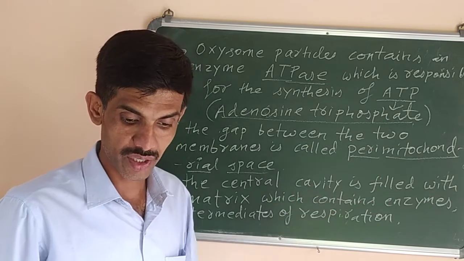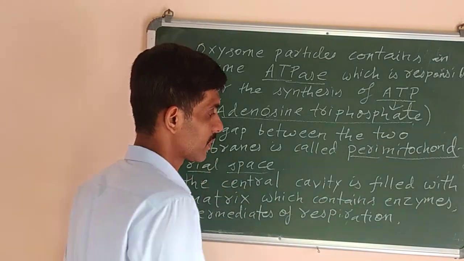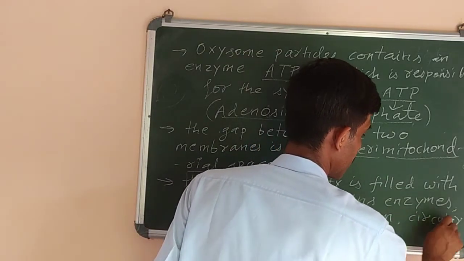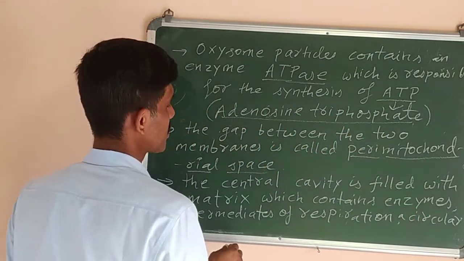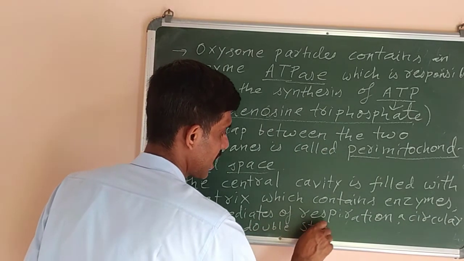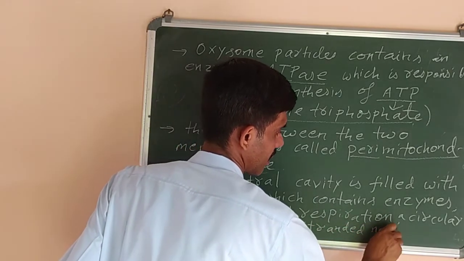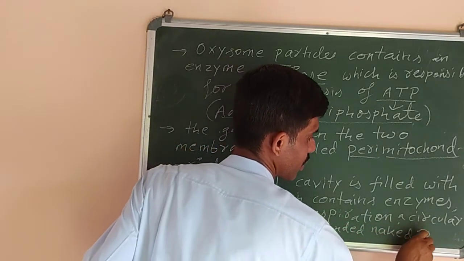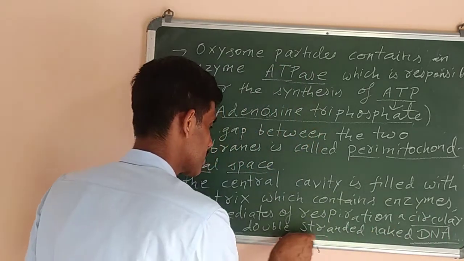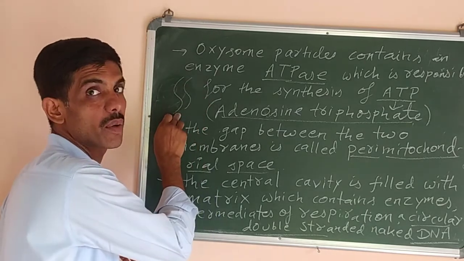A circular, double stranded, naked DNA is also present. Okay, circular double stranded means this one is 1, this one is 1, 2. This is called double stranded.